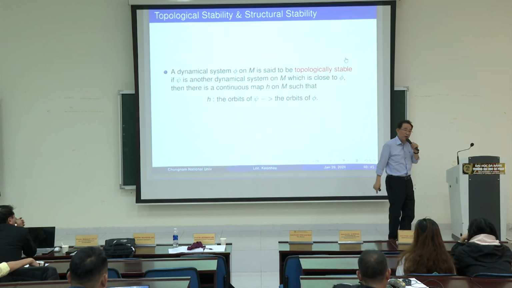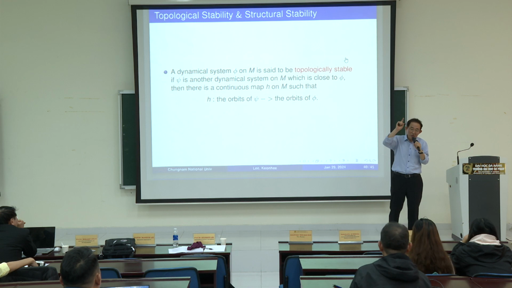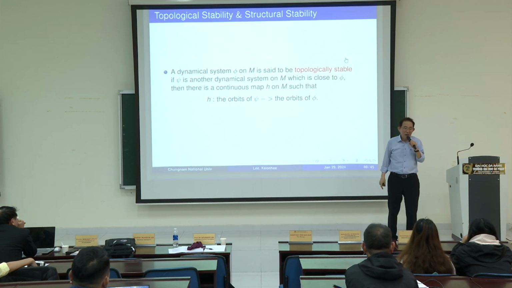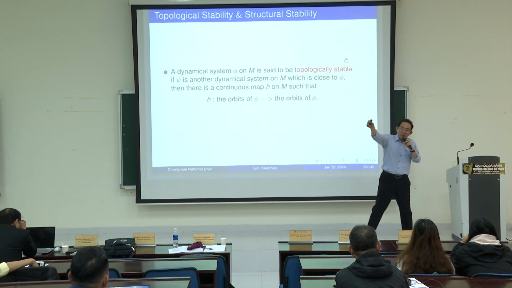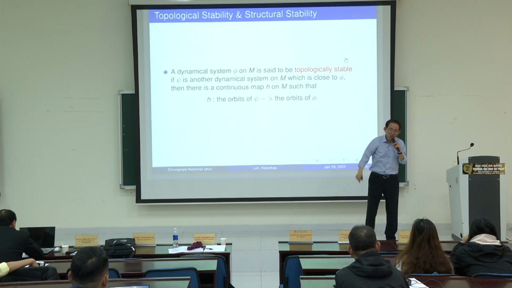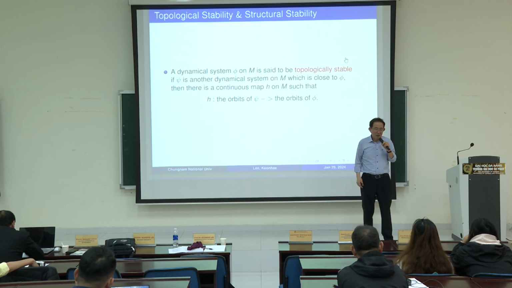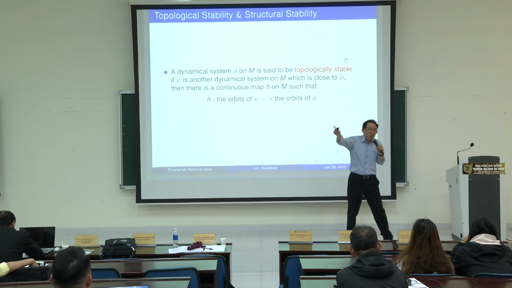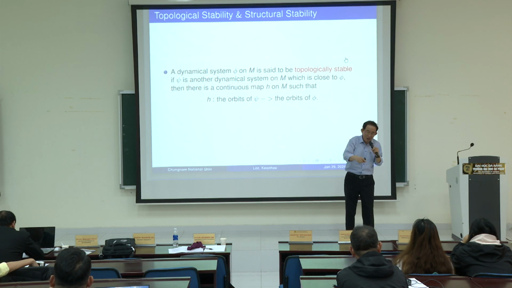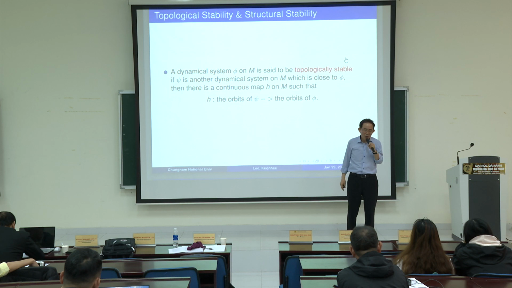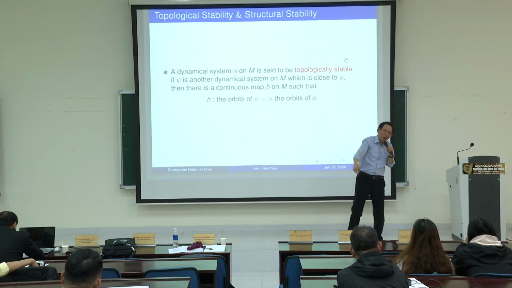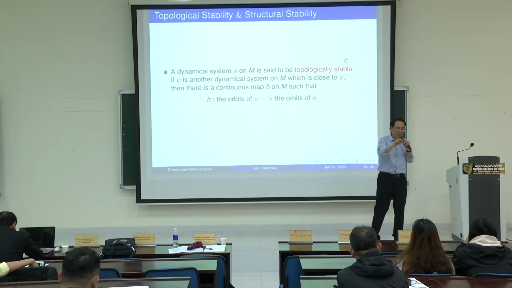In algebra, group theory, the most important thing is the isomorphism theorem. What is the meaning of isomorphism? Two groups are isomorphic, we do not distinguish them. Same. In set theory, two sets are equivalent, meaning equal. What is the meaning of that? There is a one-to-one correspondence between the sets. In that case we do not distinguish, so we say that two sets are equal.